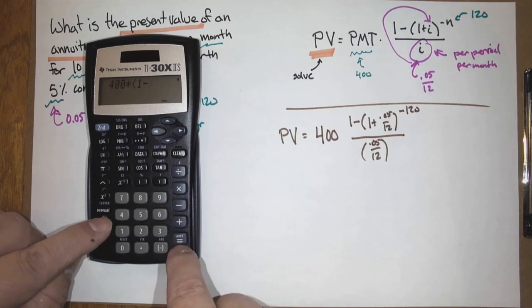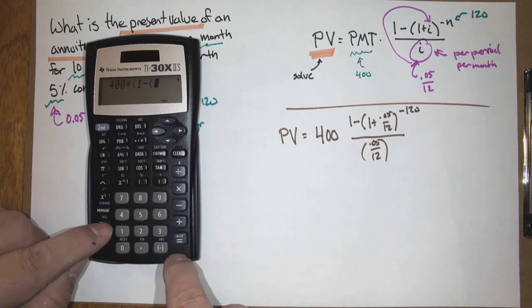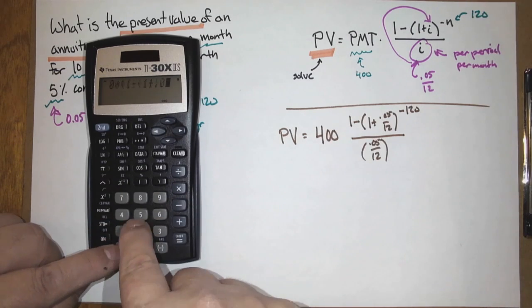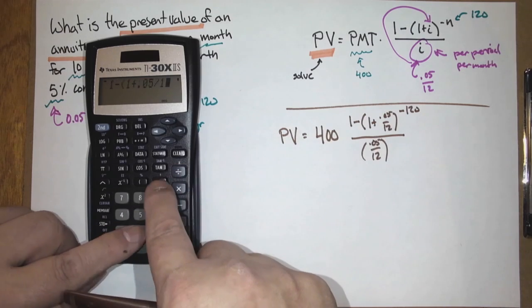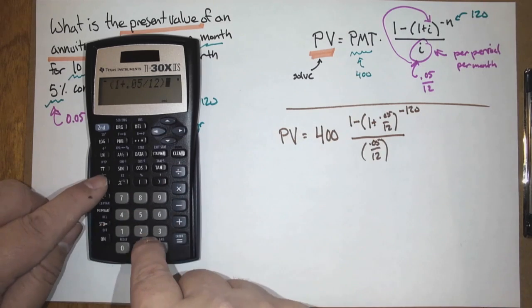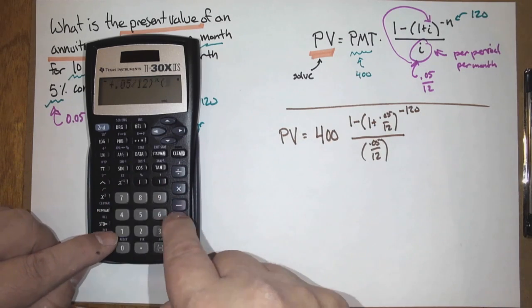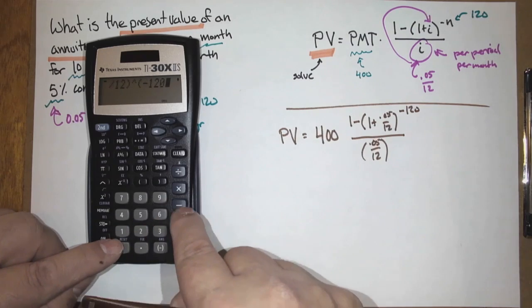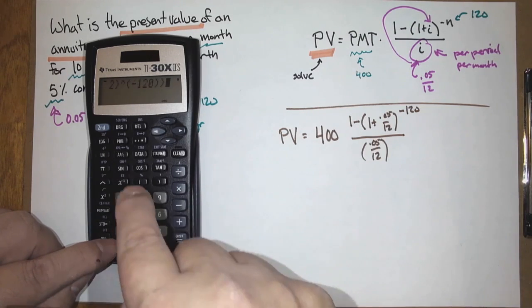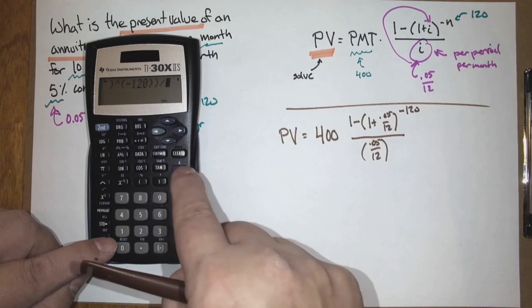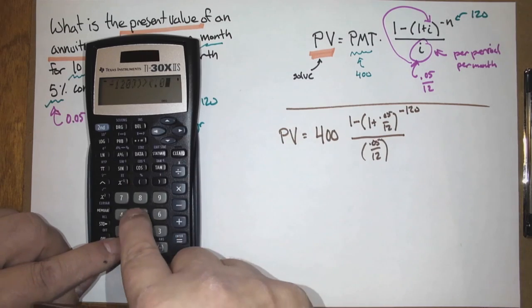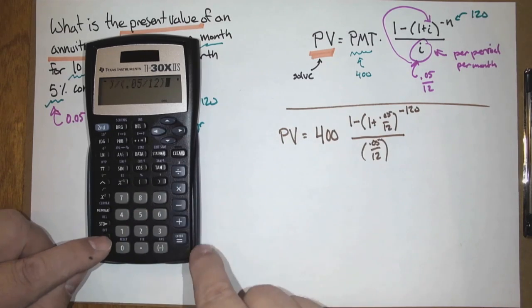1, subtract. I always encourage people to be very generous with their parentheses. 0.05 divide by 12 to the power minus 120. And okay, there's the numerator. Divide by 0.05 divide by 12.